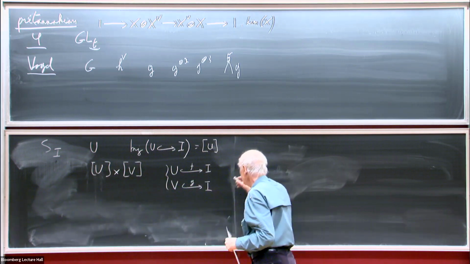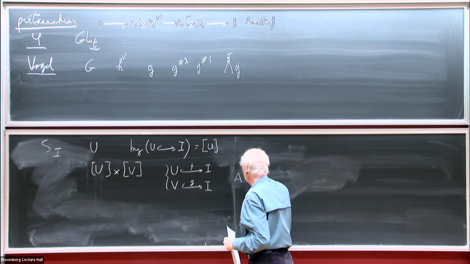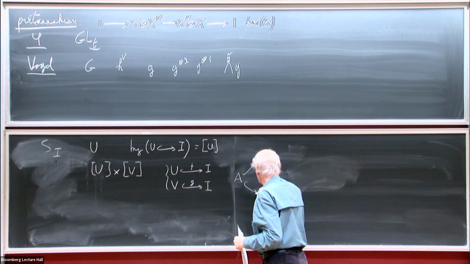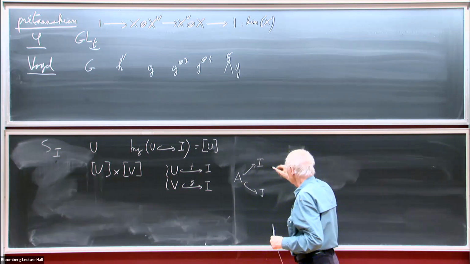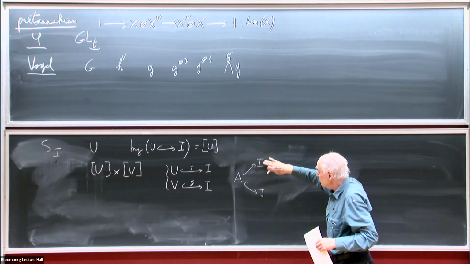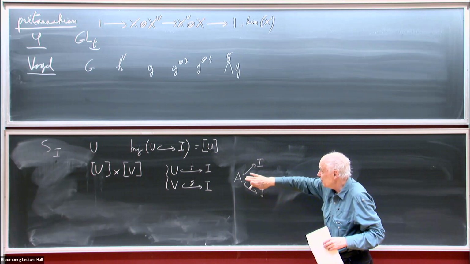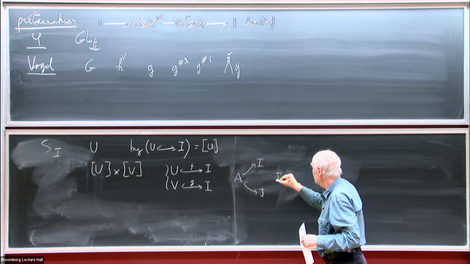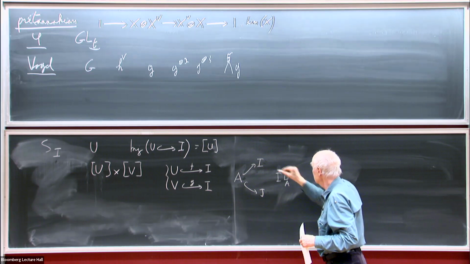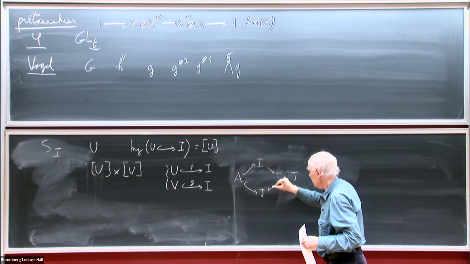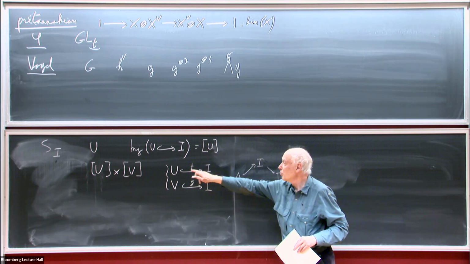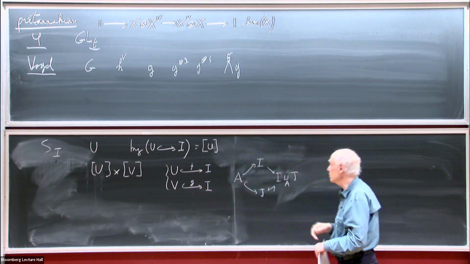So one way to formalize that: if you have a finite set W which injects into I and V, you can make an amalgamation of U and V by identifying W, which is in both. So this tells a pattern of equality between some f of u and g of v.